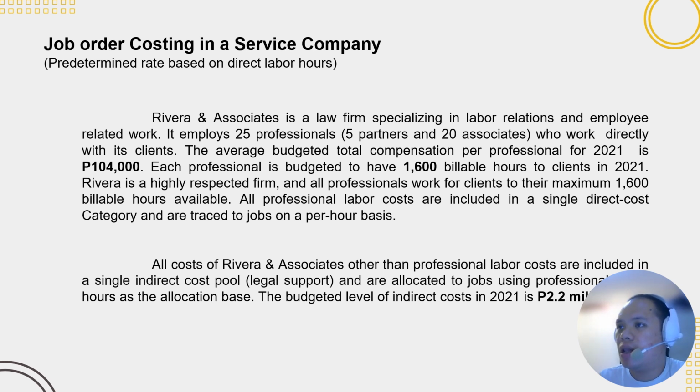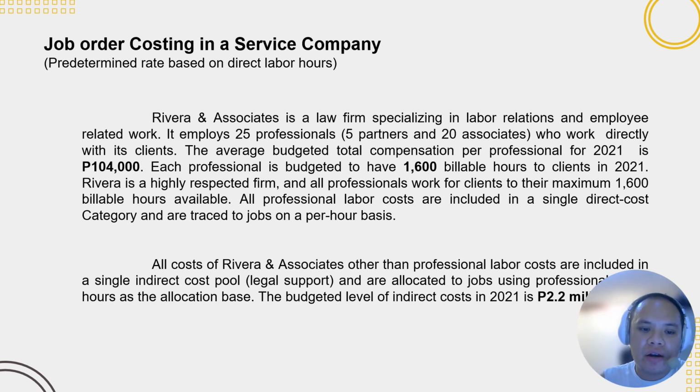All professional labor costs are included in a single direct cost category and are traced to jobs on a per hour basis. That means our direct labor hours is 1,600 hours, which is their billable hours for those professionals.